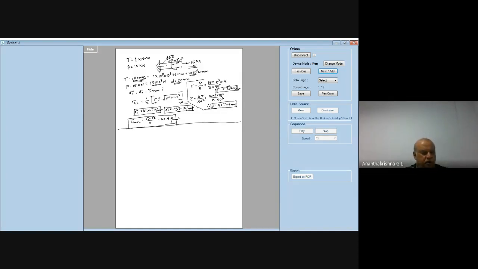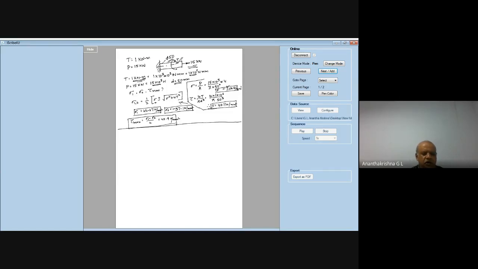This was asked for 12 marks in January 2018 of the VTU exam. Please note down.